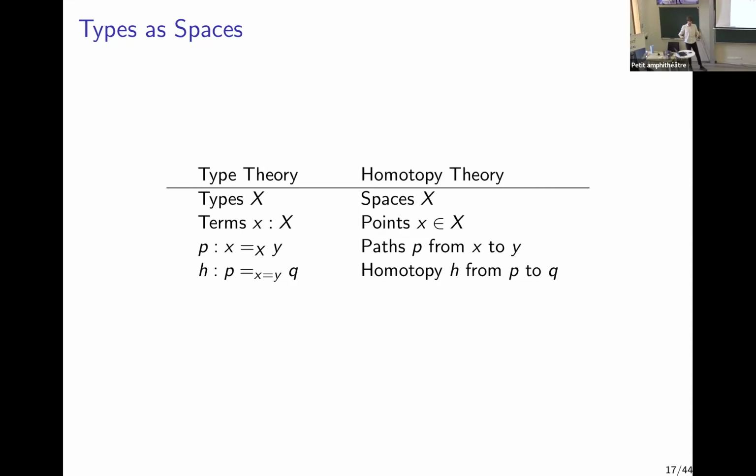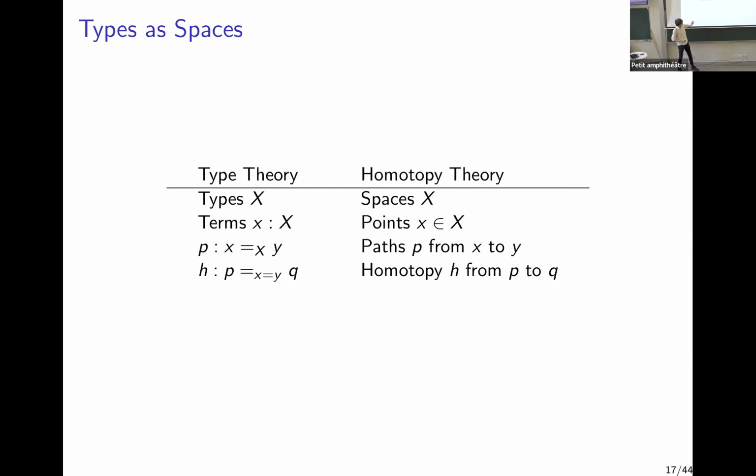So if you come from a traditional point of view, you might think, okay, a type is something like a set. A type is determined by its terms, and that feels like a set. A homotopy type theorist says, no, a type is a space. Because while terms are still elements, so points in the space, the difference comes from how we view equality. If you take a set theoretical point of view, you see equality as two elements being exactly the same.